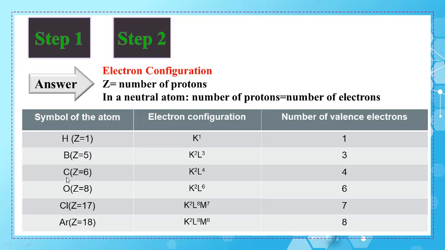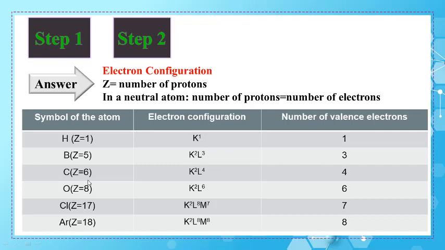Then, the electron configuration of hydrogen having Z equal 1 is K1, and the number of valence electrons is 1. For boron having Z equal 5, the electron configuration is K2L3, and the number of valence electrons is equal to the number of electrons on the outer shell, which is 3.